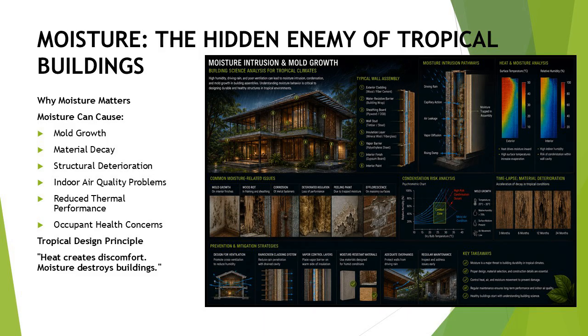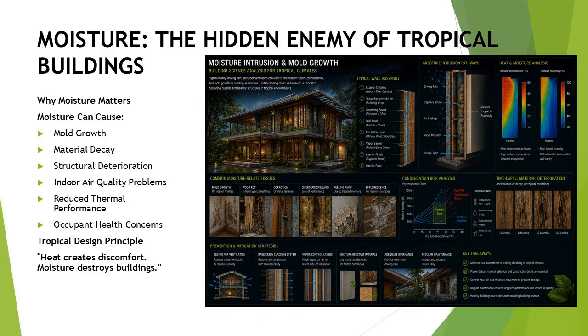Many architects focus heavily on temperature and energy consumption. However, in tropical climates, moisture is often the greater long-term threat. Moisture affects nearly every component of a building. It affects structural systems, finishes, mechanical systems, occupant health, and indoor air quality.